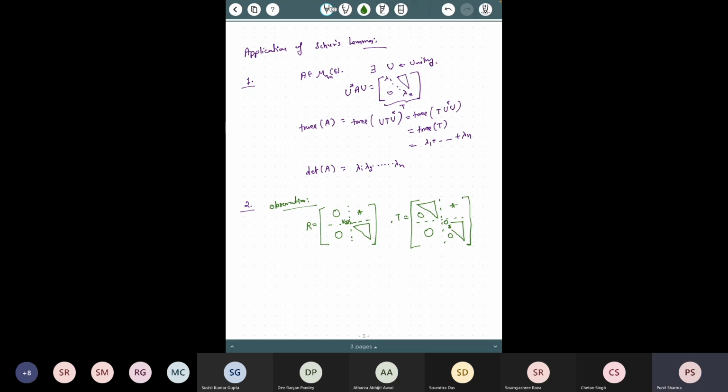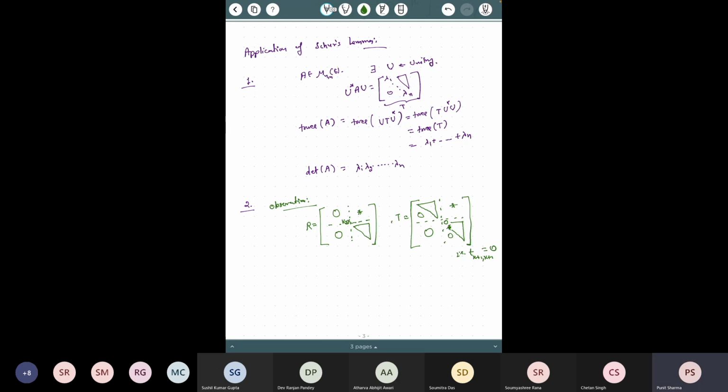So if I denote entries of T as Tij, then you can say that T(k+1, k+1) is 0. But for the other entries we don't know, so they are in the upper triangular form.